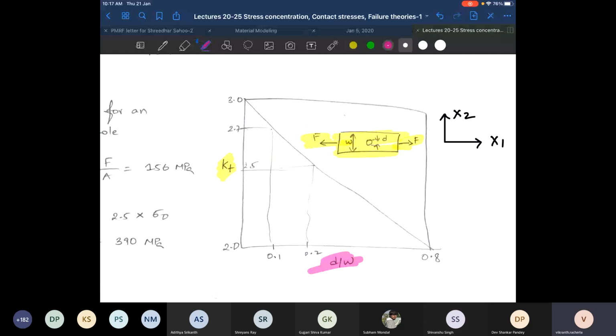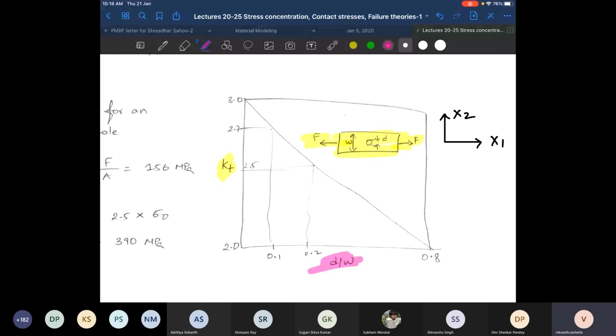Interestingly, when the hole is actually smaller, the stress concentration factor is higher. It is a little counterintuitive. You would think that a bigger hole may result in higher stress, but it does not result in a higher stress concentration factor. Please make the distinction between these two points.